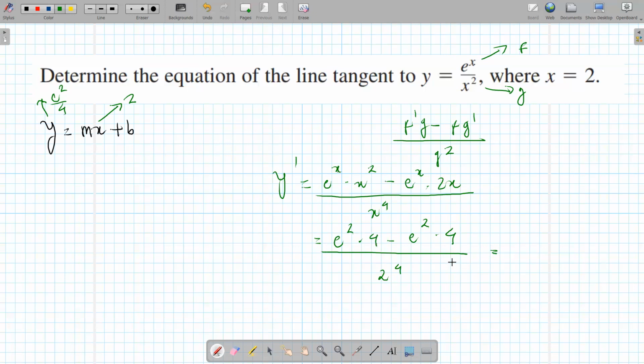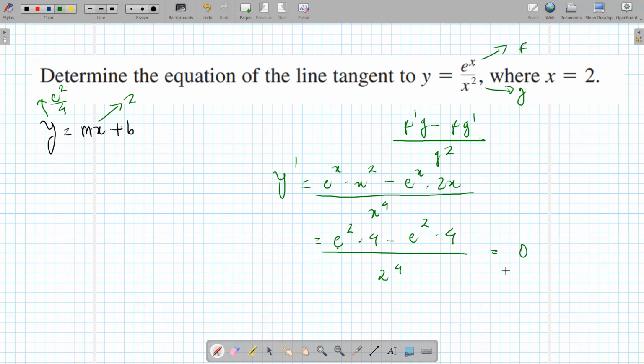Yes. By the way, these are both constants. E is not x. Don't confuse e with x. E is like pi. It's a number, about 2.71. So even if they were not numbers, the numerator will still be 0. So you get 0 over 16, it's going to be a 0.